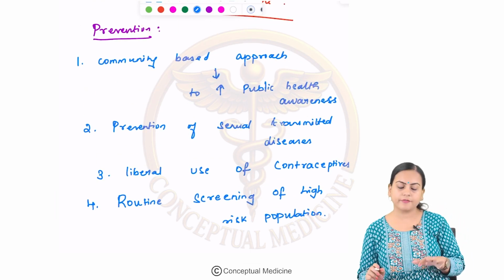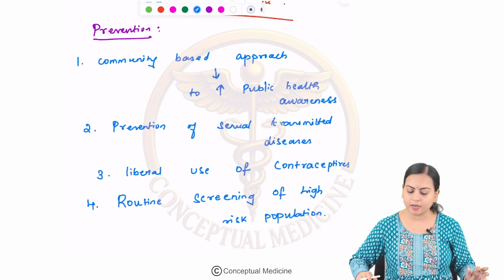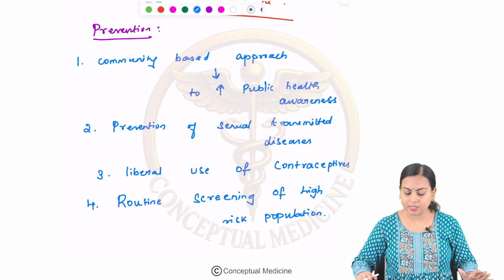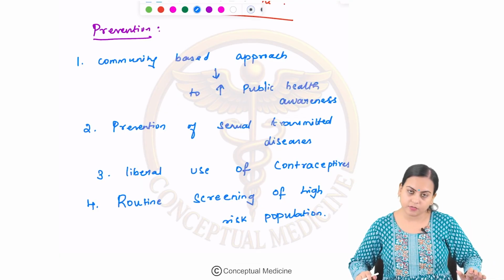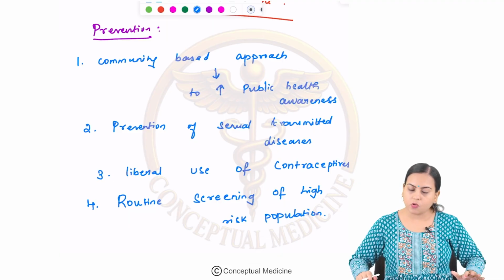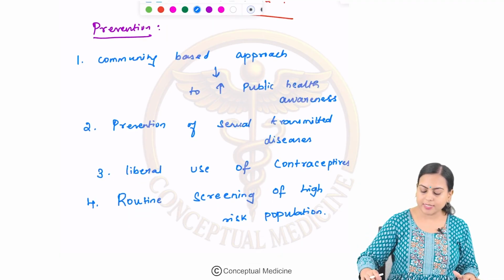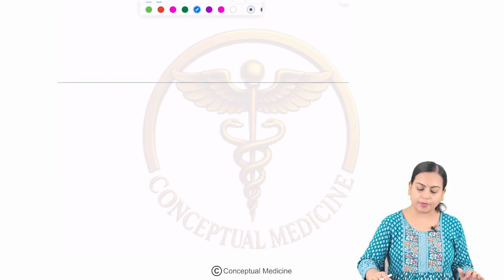Okay, so these are the ways of prevention: community based approach to increase public health awareness, prevention of sexually transmitted diseases, then liberal use of contraceptives and routine screening of high risk population.